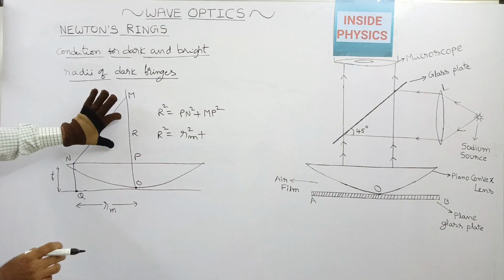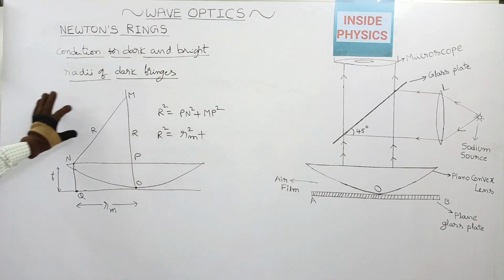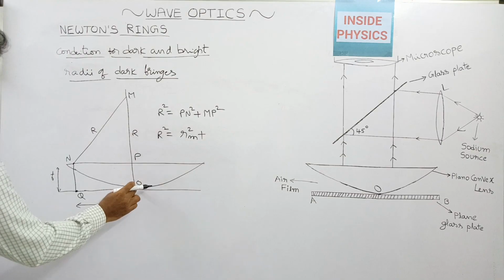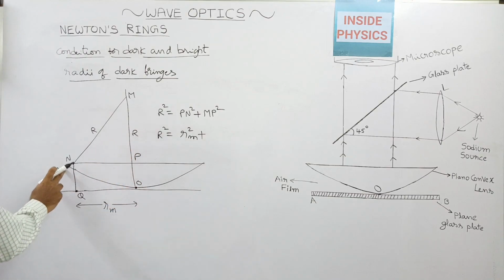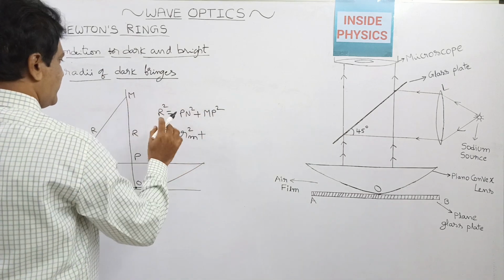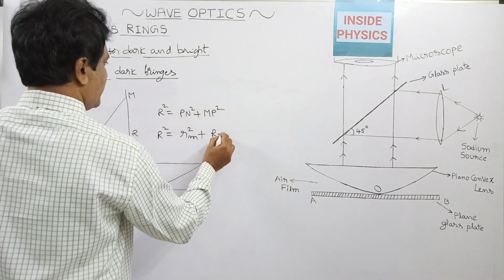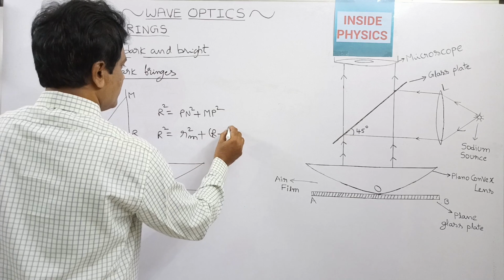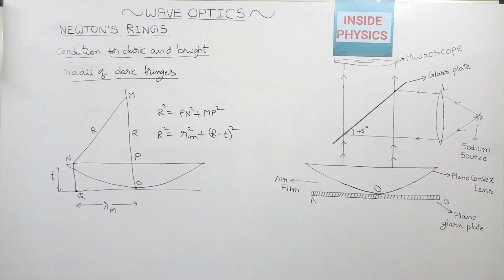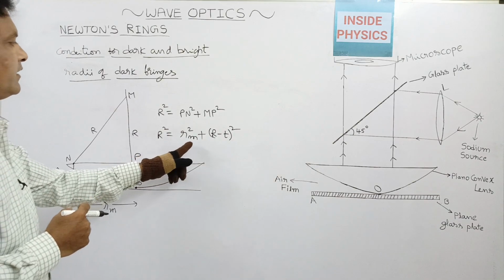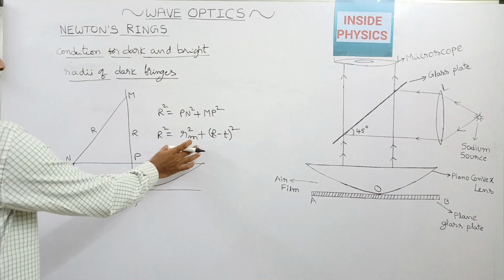This distance, how can we get this distance? This is the radius of curvature, that is R, and this distance is the thickness of the air film. So MP can be taken as (R minus t) whole square. Okay, so in this way we can write this equation like this.